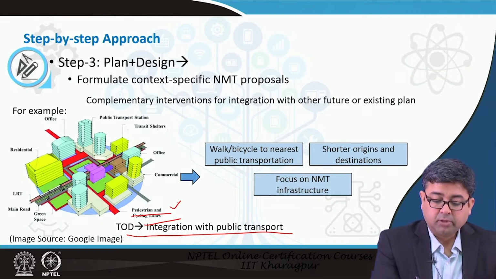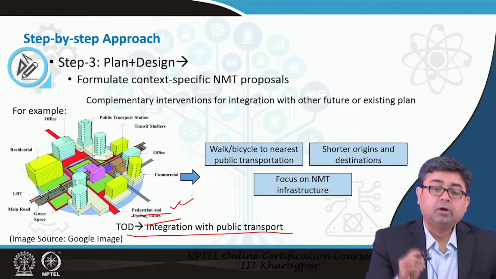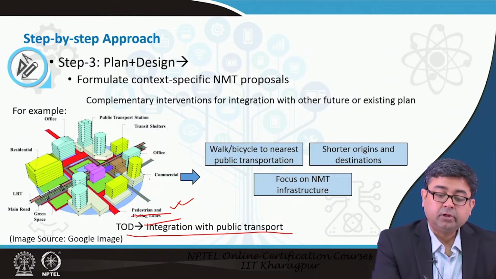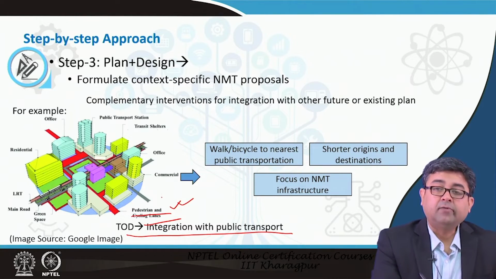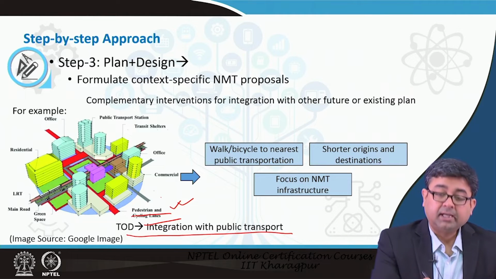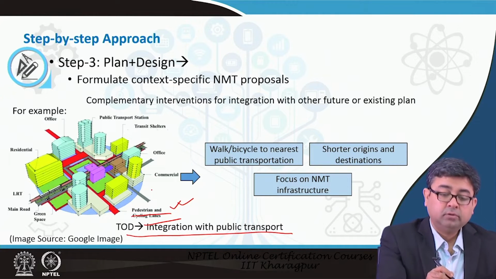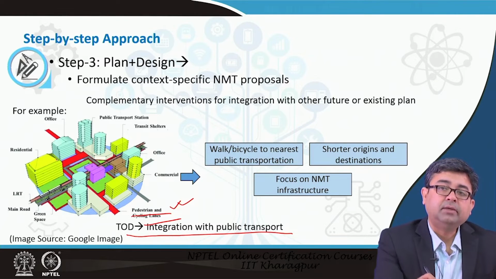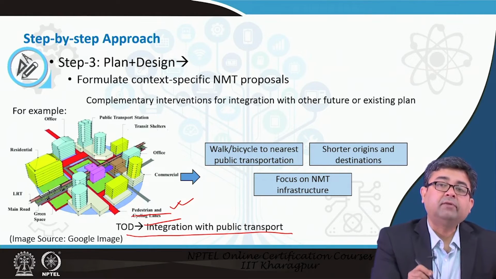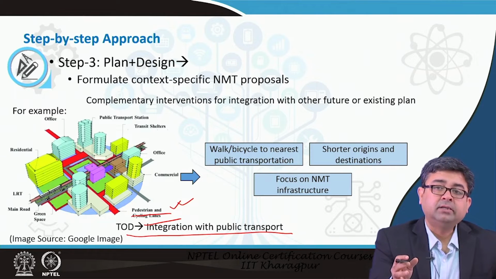So, all the non-motorized transport solutions are also integrated with your land use as well as public transportation, right. So, you have to have good sidewalks that are actually connected to your offices, connected to your residences, connected to the public transportation node. You just cannot have a sidewalk in isolation, you just cannot have a cycle track in isolation.